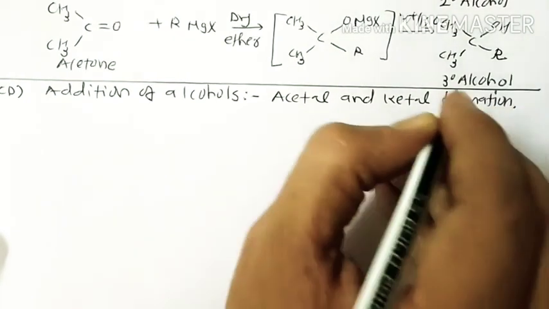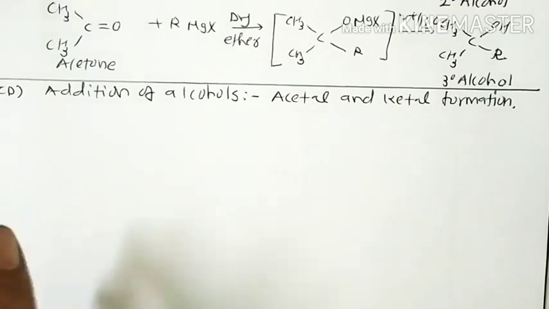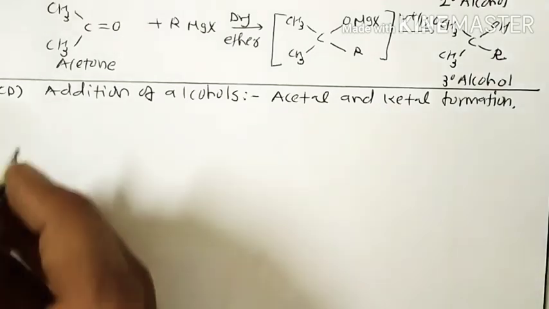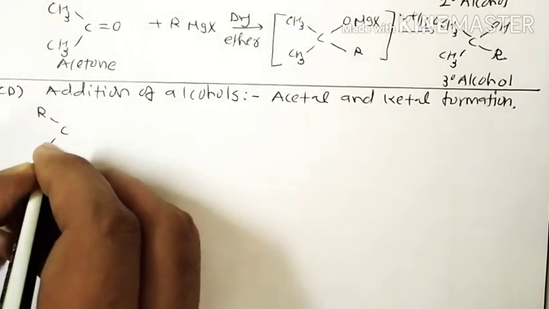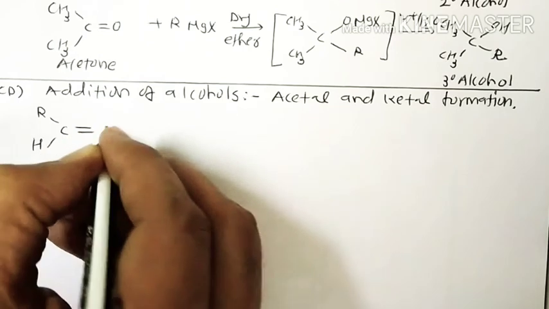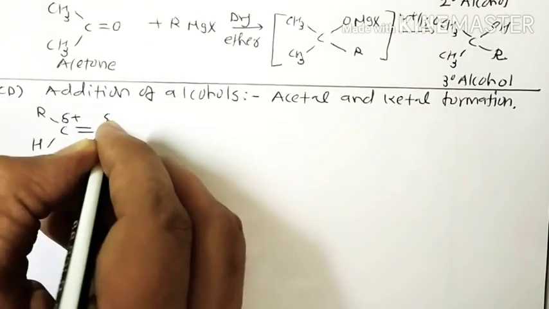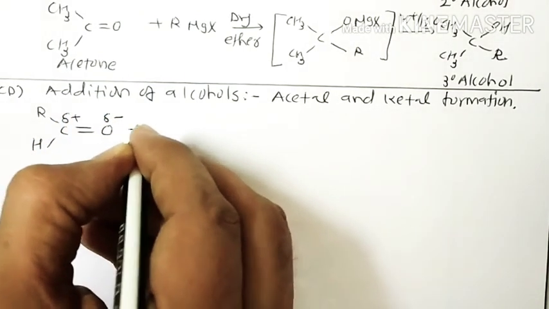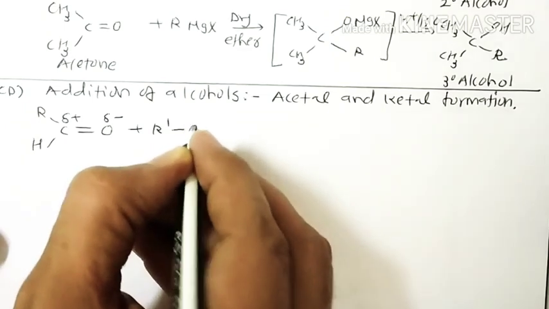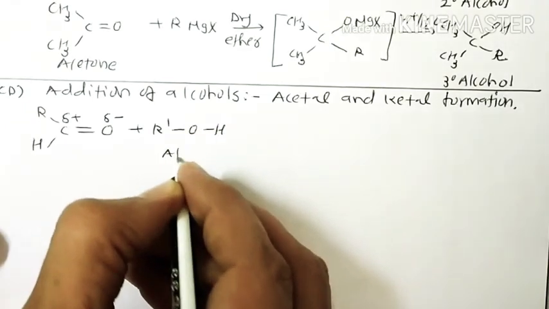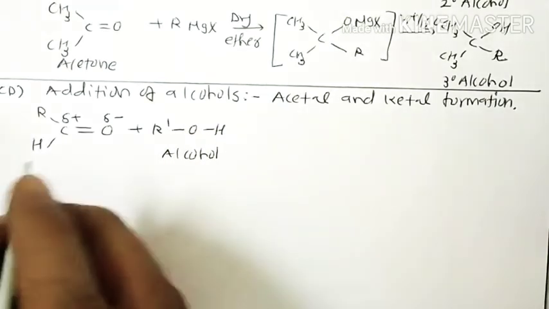Aldehydes react with one equivalent of a monohydric alcohol. For example, RCH double bond O, with delta plus and delta minus, reacts with ROH, one equivalent of alcohol. This is the alcohol, and this is the aldehyde.